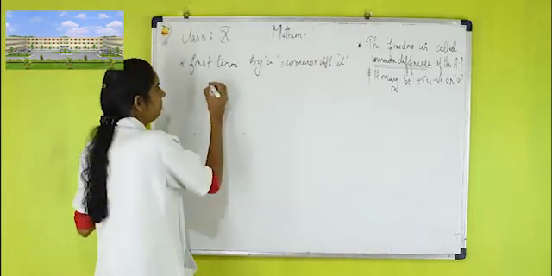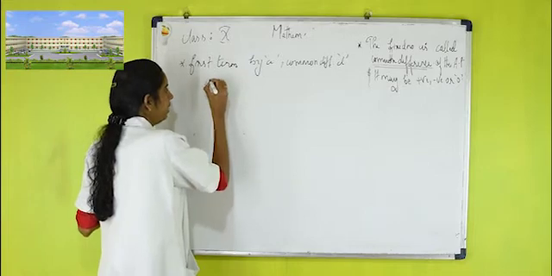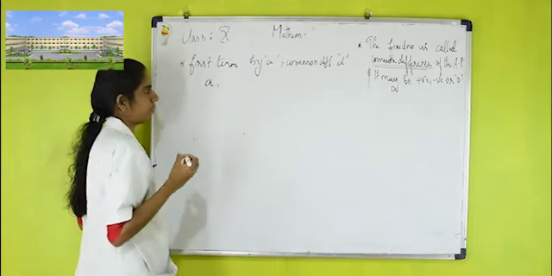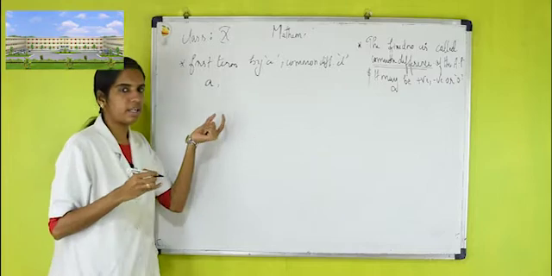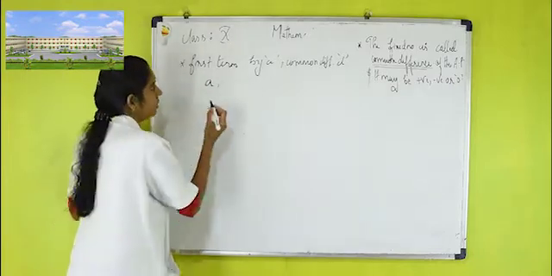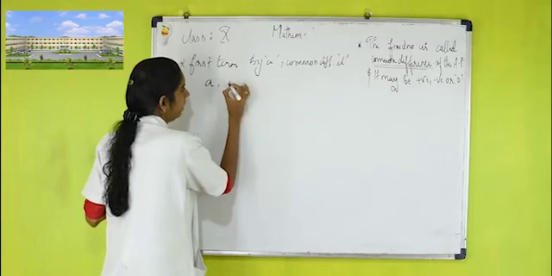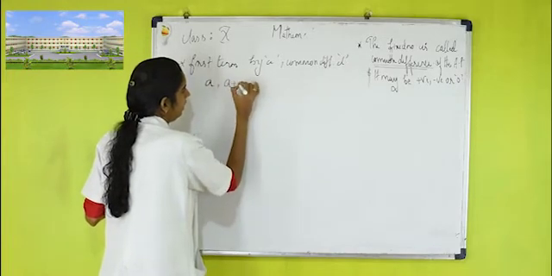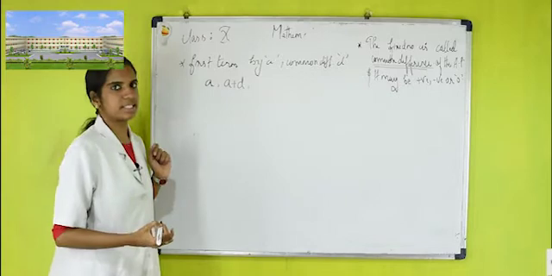So how will you get the second number of the arithmetic progression? If the first term is A, then we have to add the common difference to the first term. So what is the second term? A plus D. Clear?